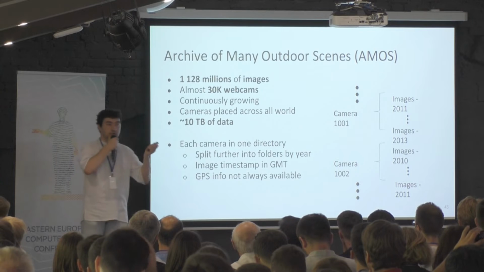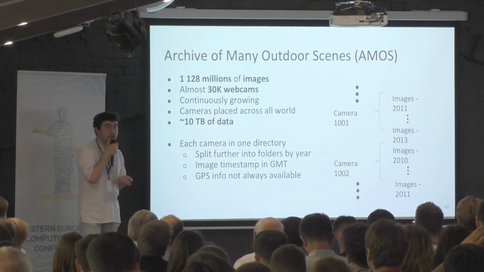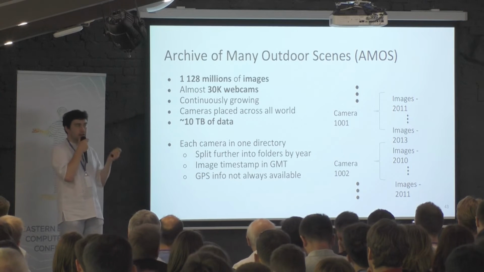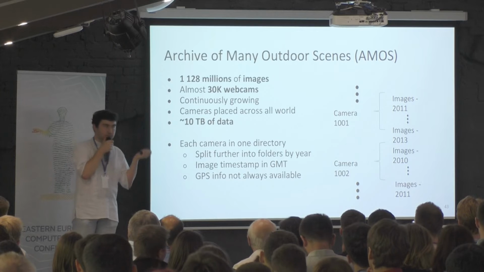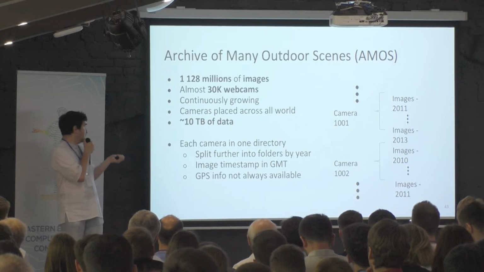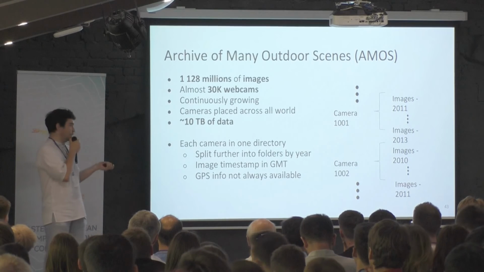It's a collection of public web cameras, like 30K, over many years, and every minute or every hour, depending on the camera, they save an image. We actually stopped downloading at 10 terabytes because we were out of space.